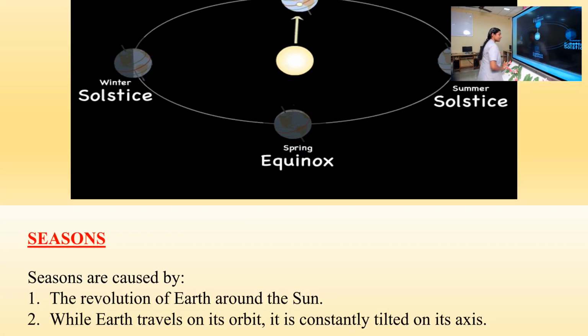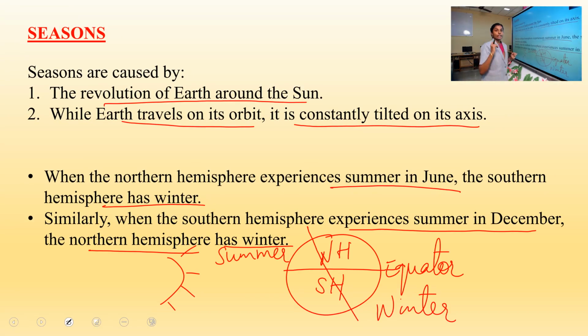This is the reason why India, in the northern hemisphere, celebrates Christmas during winter season, whereas Australia, which is located in the southern hemisphere, celebrates Christmas during their summer season. Alternate happens.